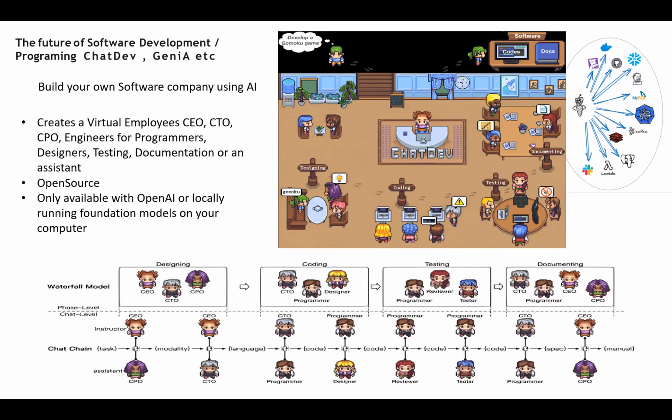These virtual employees will do all the software creation based on a text prompt. You don't even need to do any coding. You just give a text prompt to them, and they can generate the whole framework for you and do all the work. It is available with OpenAI and locally running foundation models on your computer.